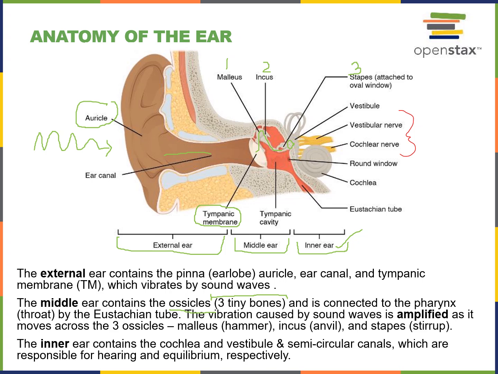Before we leave the middle ear, I do want to point out this structure here, the eustachian tube, because this tube leaves the middle ear and goes to an area at the back of the throat called the pharynx. If you open your mouth, at the back of your mouth, that area leads to an area called the pharynx.